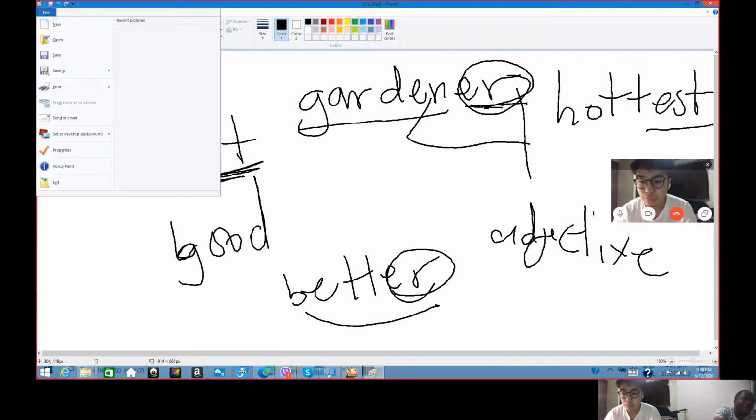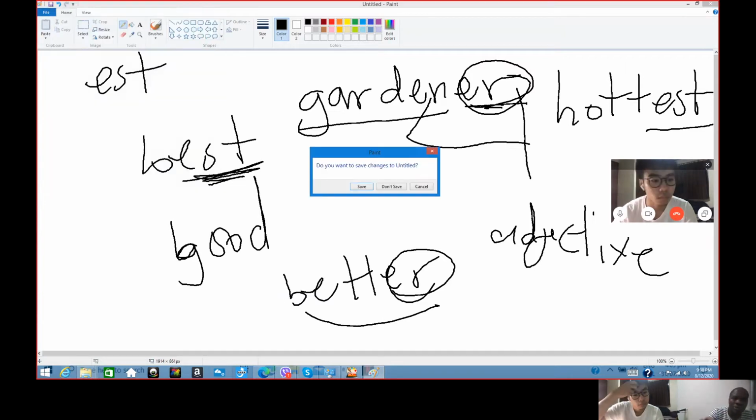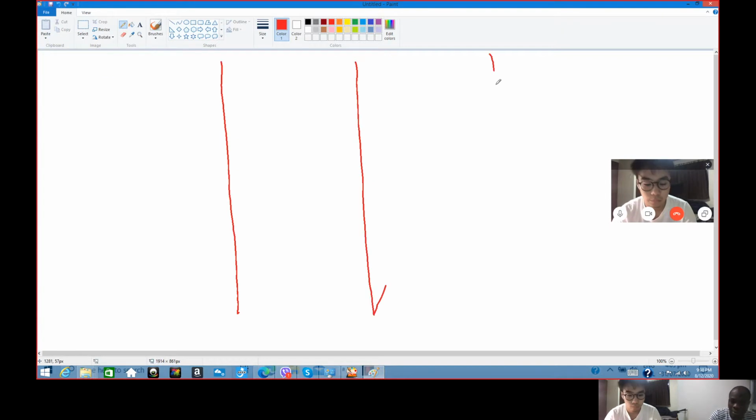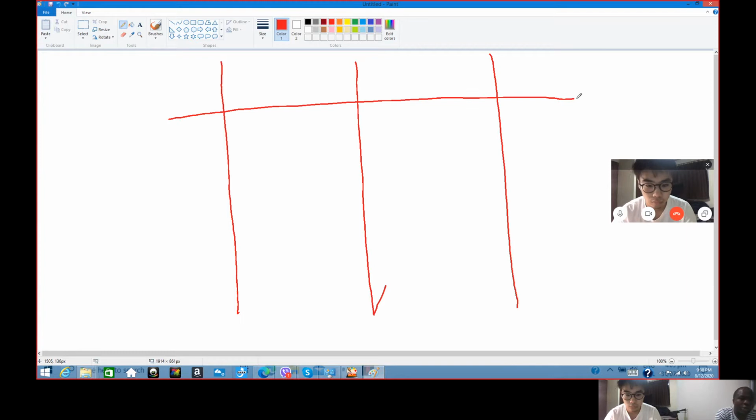So let me make it so you can understand it more. I'm making a table. This one is called word. I learned this when I was in class 3, elementary school. Then this one is called comparative.